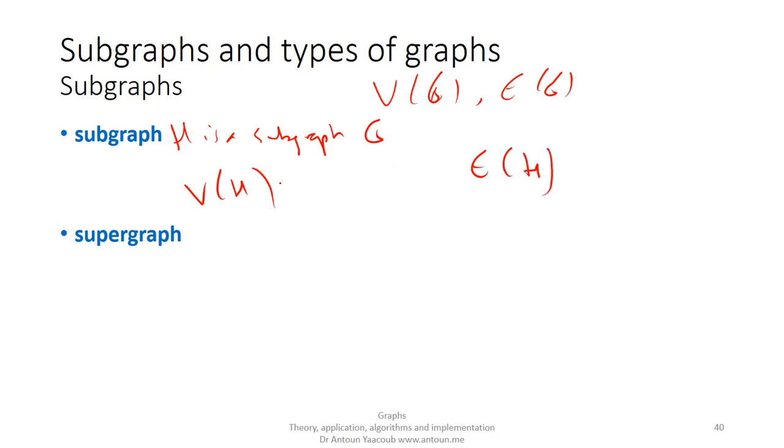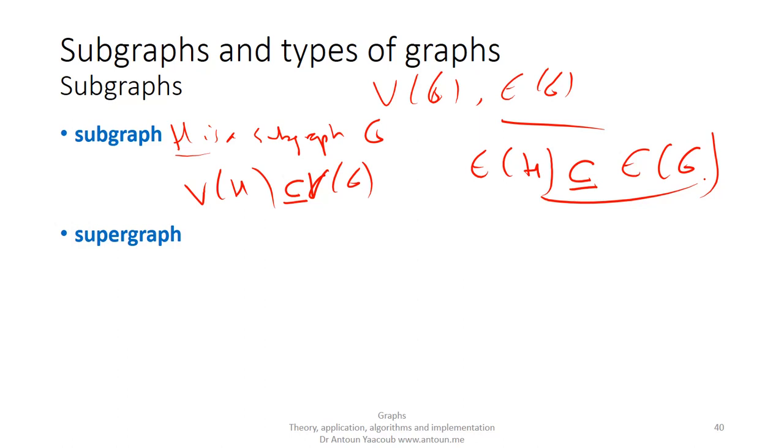The vertex set is a subset of the vertex set of G. It could be equal, it could be included, and the set of edges is a subset of the set of edges of the graph G. So obviously we need to preserve the same edges. In the subgraph, I will not encounter any new edges if they are not present in the original graph. Usually we obtain the subgraph by deleting some edges or some vertices from the original graph.